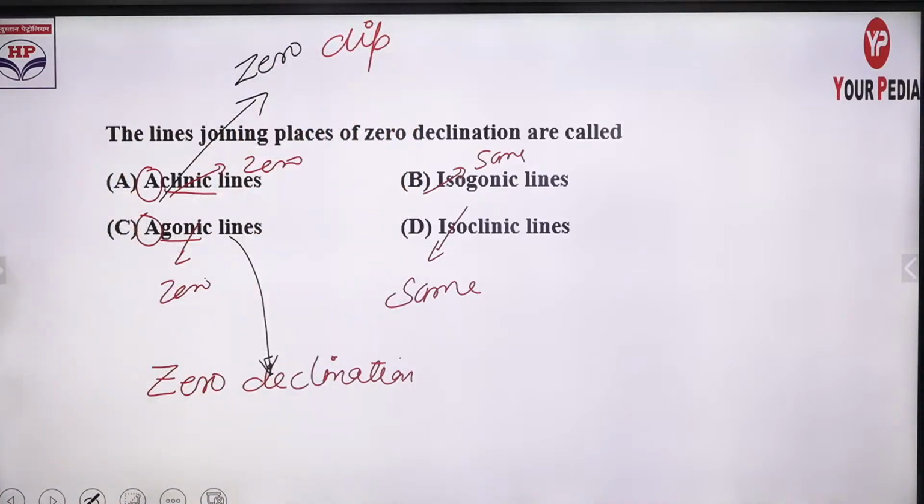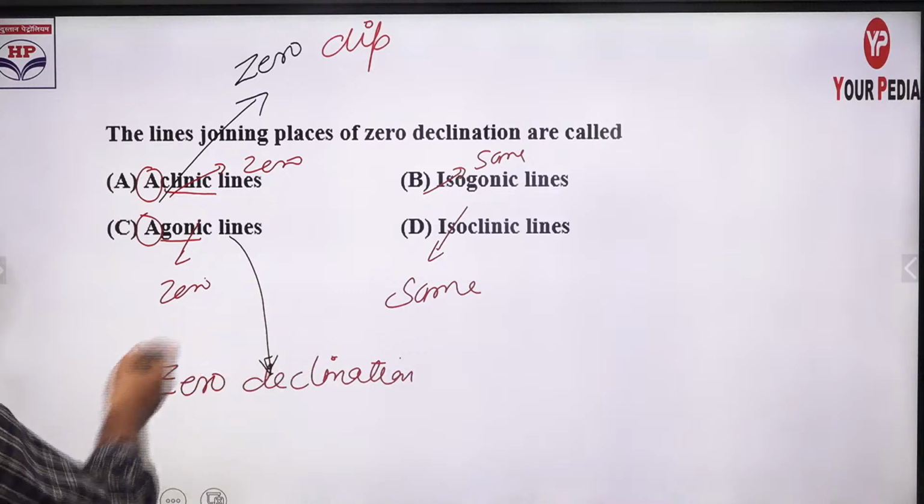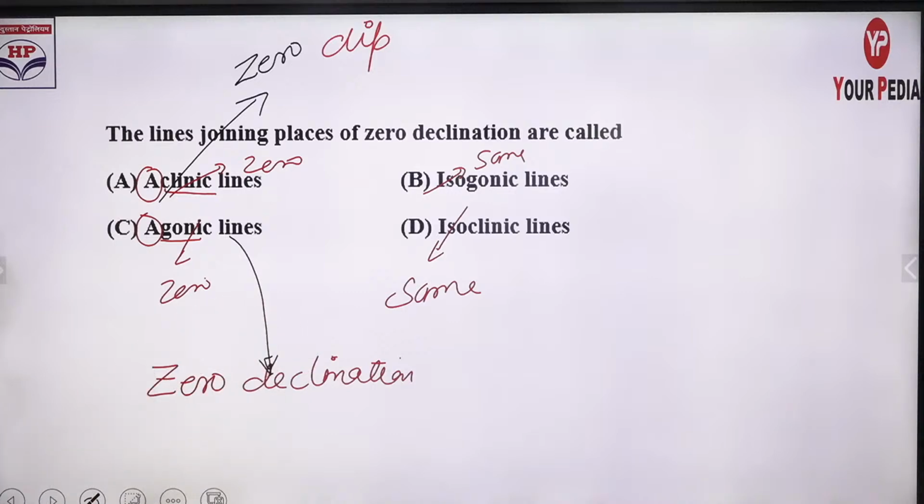Similarly, isogonic lines have the same declination points, a line joining the same declination points, or isoclinic line is formed by joining the same dip points. So the line joining places of zero declination will be your agonic line.